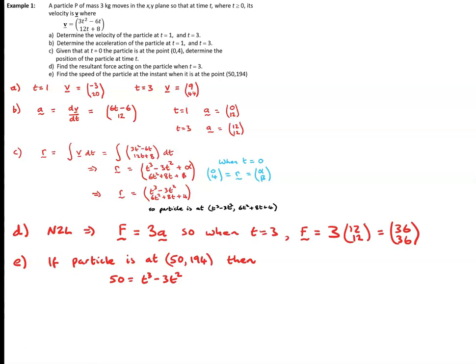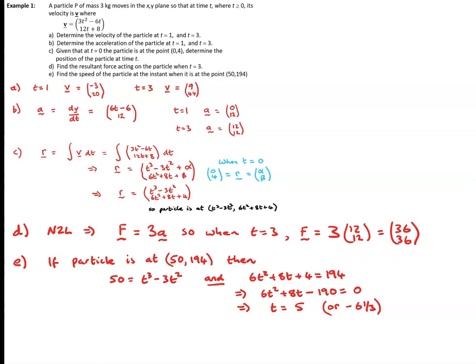And the value of 6t squared plus 8t plus 4, which is the y component of the displacement, must be 194. So the quadratic equation, which is the easier one to work with, is 6t squared plus 8t plus 4 equals 194, or 6t squared plus 8t minus 190 equals 0, which gives me either t equals 5 or t equals minus 6 1/3. Well, we know we're only dealing with positive times, so we must have t equals 5.